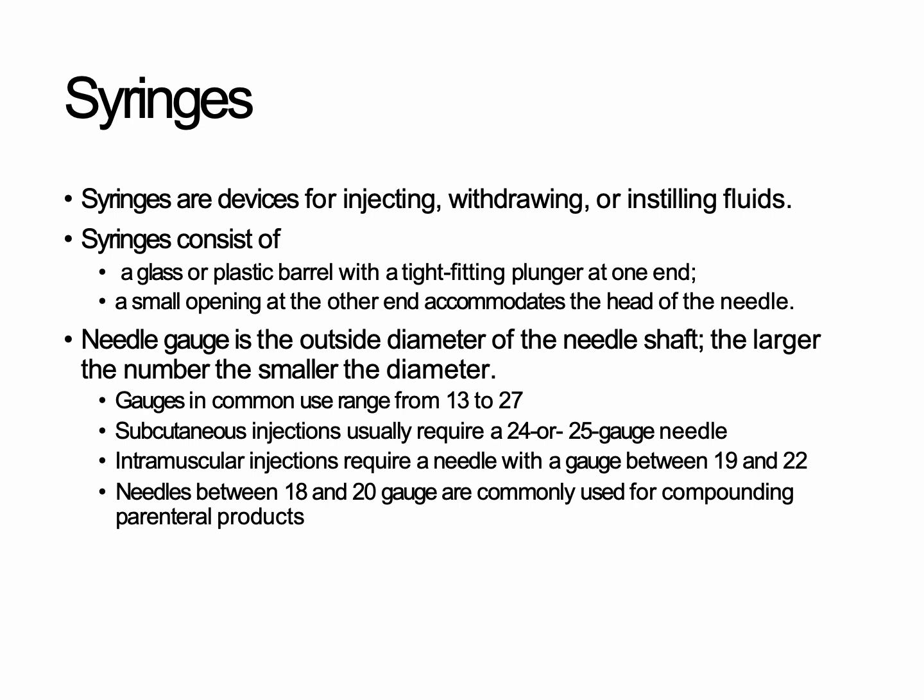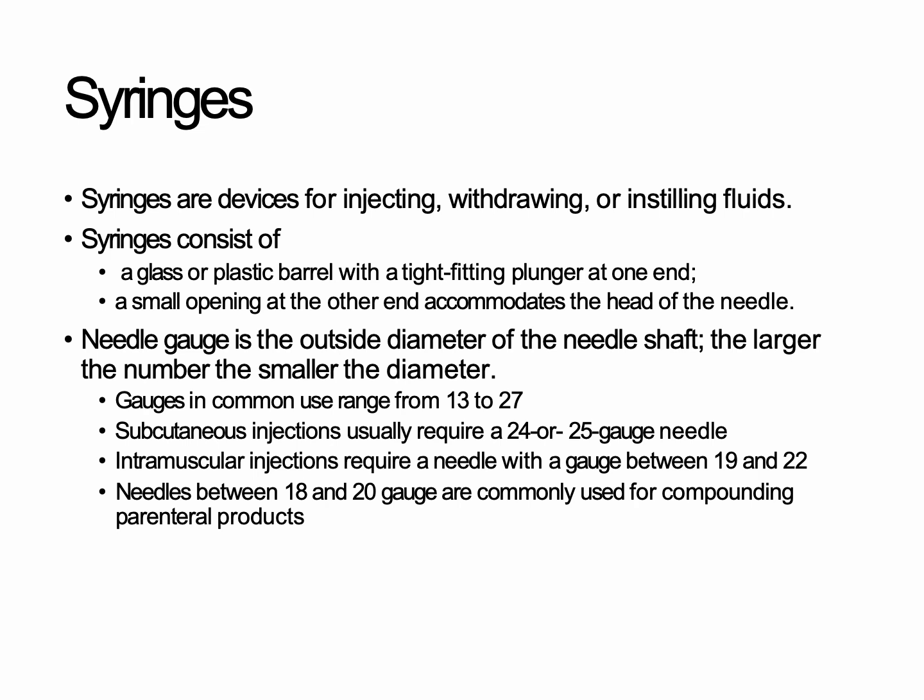Now let's talk about syringes, because they are essential tools for injecting, withdrawing, or instilling fluids. They consist of a barrel, typically made of glass or plastic, with a plunger at one end and a small opening at the other end to hold the needle.